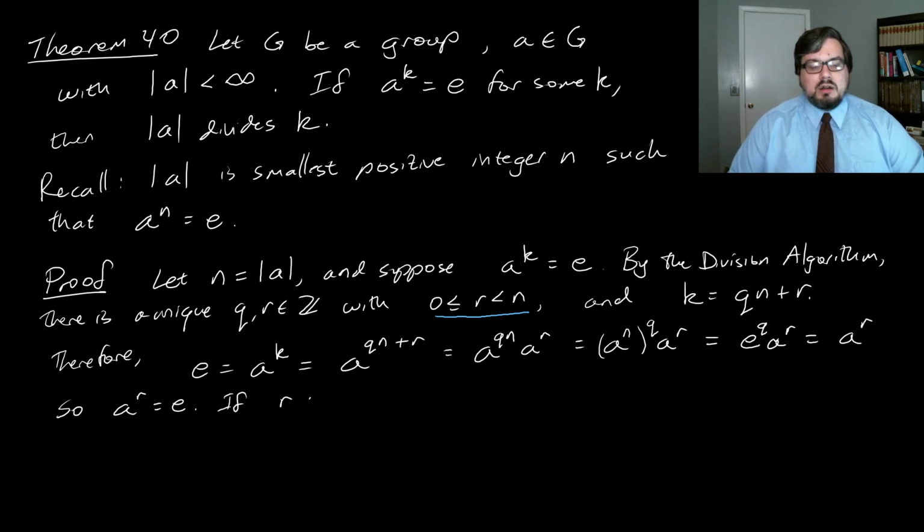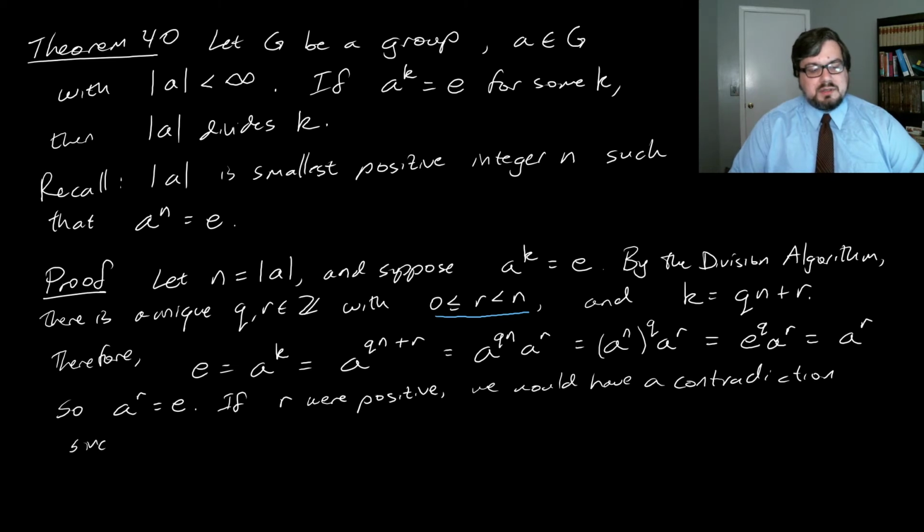If R were positive, we would have a contradiction, since R would then be less than the order of A. The order of A is the smallest number that you could raise A to get the identity.